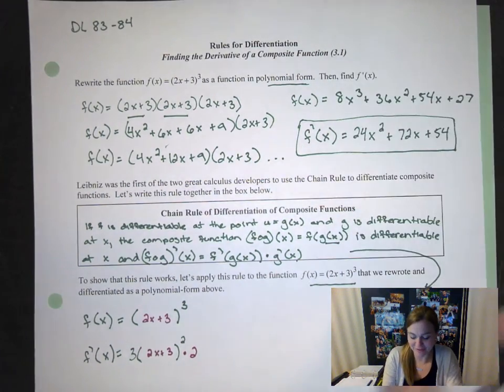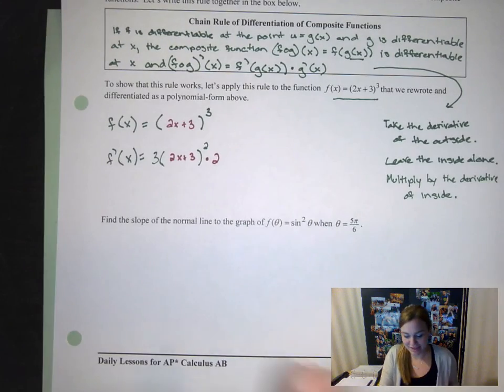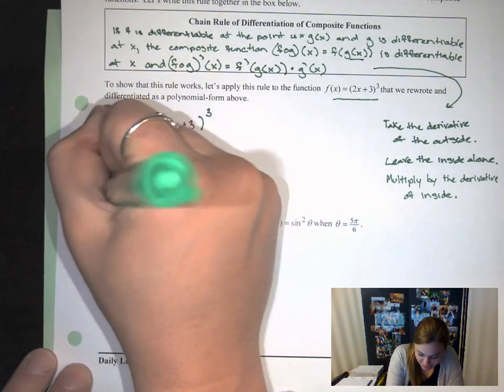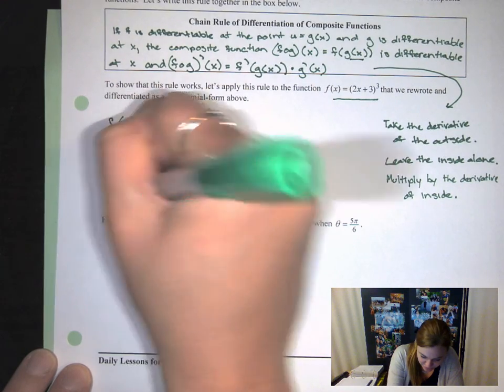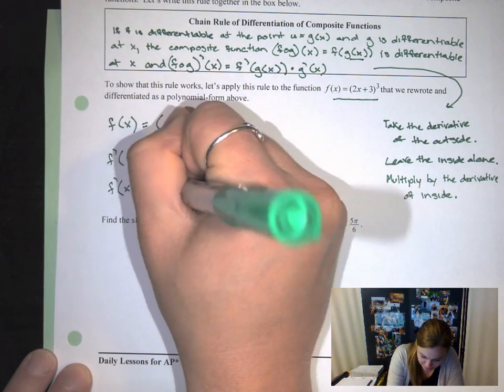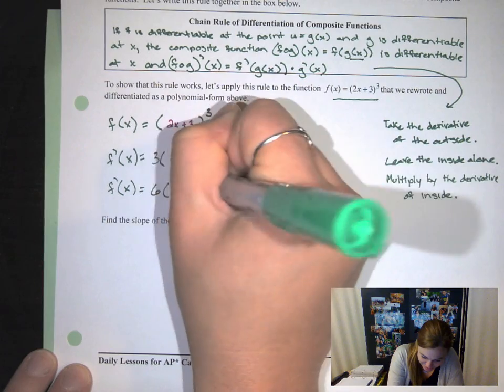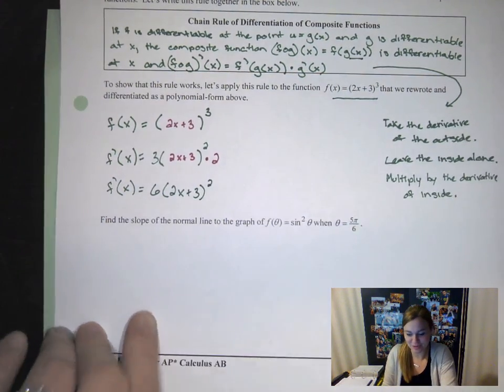So if you want to be convinced, and you're like, well, is this really the same thing as up there? What I'm going to do is say, well, this is f prime of x equals 6(2x plus 3) squared. And I just want to see something.